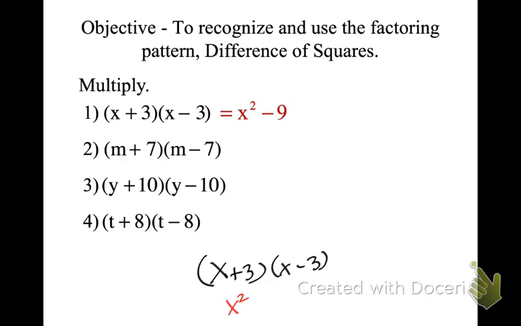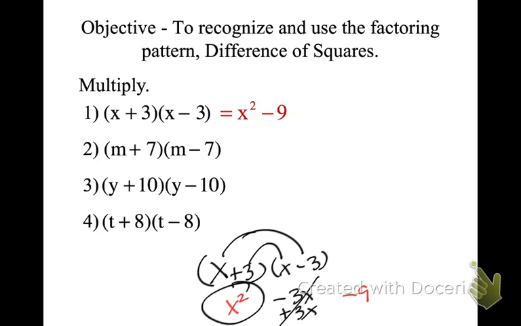The last terms give us minus 9. The outside terms would multiply to minus 3x. The inside terms would be plus 3x. And you'll notice those inner and outer terms disappear so that we're only left with x squared minus 9.